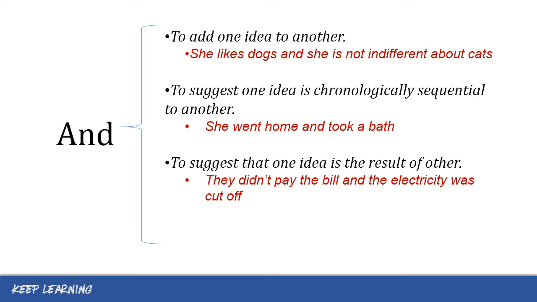So as you can see, it's not only two ideas together, it's not only one sequence, but it is also a consequence of the first idea. And this is what we are watching in and. So this is a way you can use and, right?